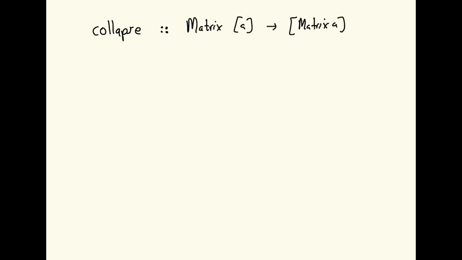Okay, so now we can use the CP function, our Cartesian product function, to actually define what it means to collapse a choice matrix. So I'm defining the function called collapse now, and it takes a matrix of choices, so a list of possible things that each cell could be, and what we're going to get back is a list of all possible matrices that we get by choosing one thing for each cell.